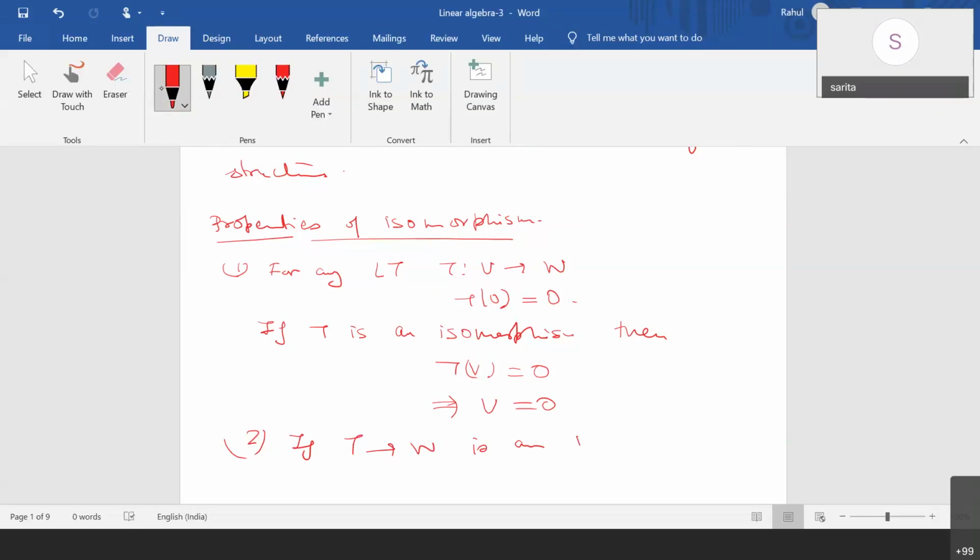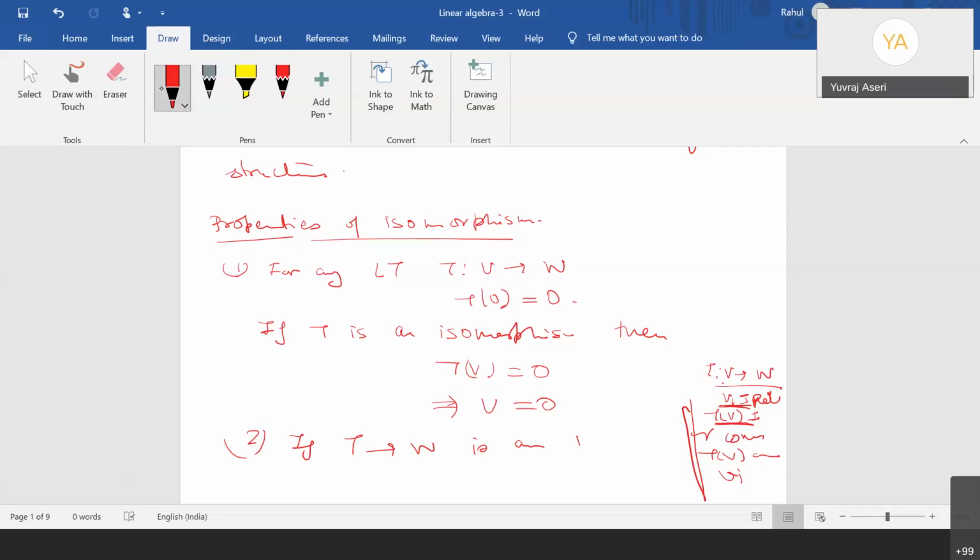And the converse: if T(V) is independent, then V is independent. Which one is true? If the v_i's are independent, then the T(v_i)'s are independent, or is the converse true?